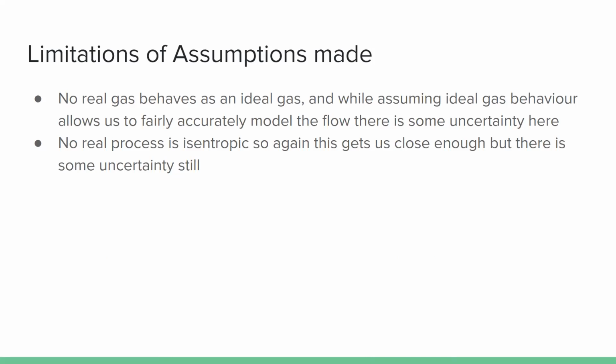Another assumption I forgot is we assume that the specific heat ratio is a constant for a given gas. That's not quite true. It's technically dependent on both temperature and pressure. It's a lot more dependent on temperature than pressure. But you're talking about, for example, air. It is going to go from 1.4 to like 1.3 when you go from room temperature to about 4,000 Kelvin.